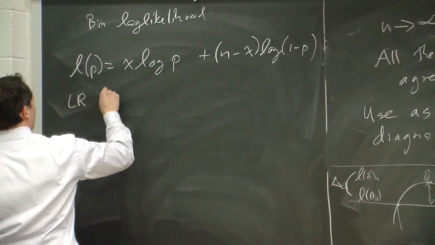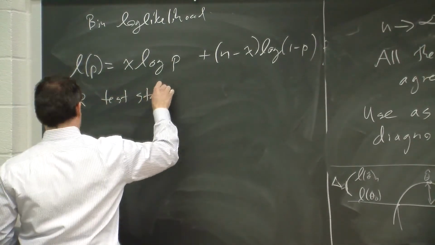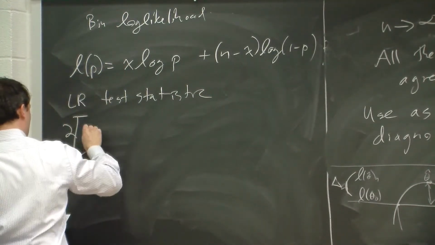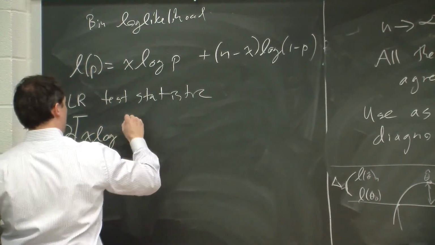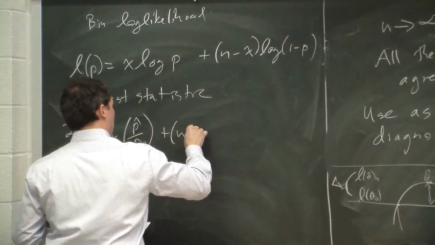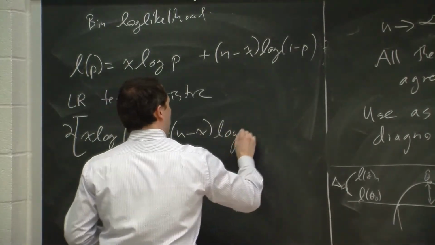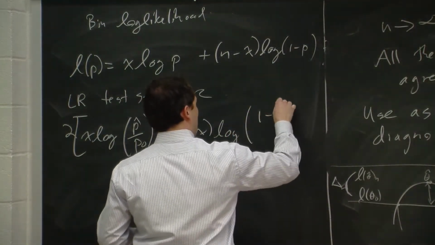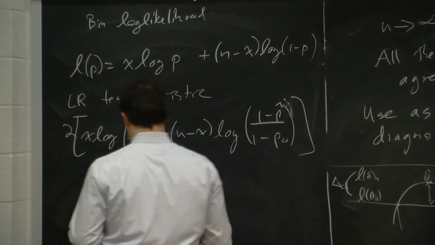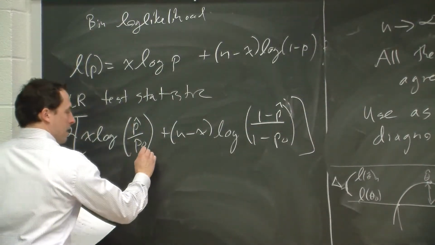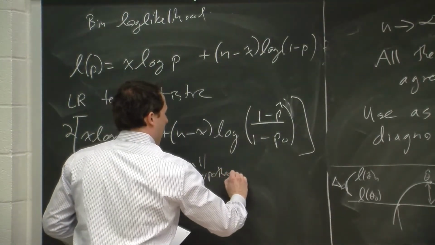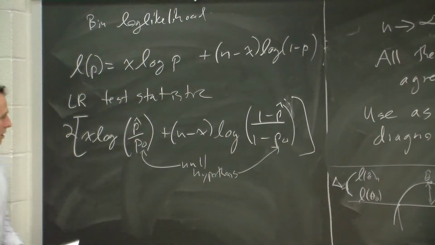A likelihood ratio test statistic is then 2 [x log (p hat over p0) plus (n minus x) log ((1 minus p hat) over (1 minus p0))]. That's our 2 delta. And here the p0s are the null hypothesis, assuming the null hypothesis is correct and all that.